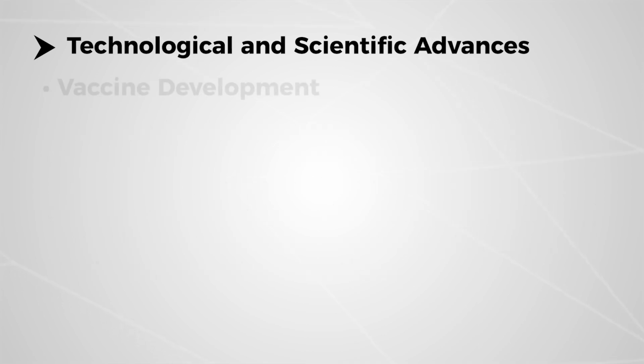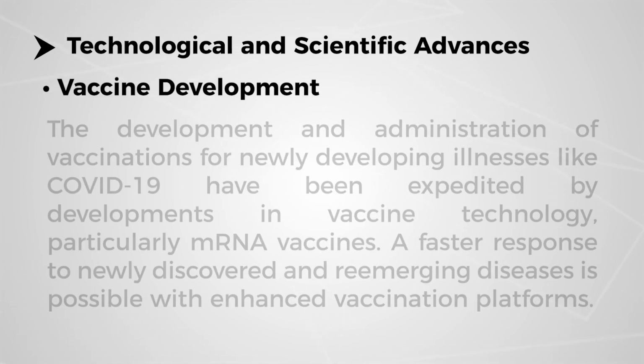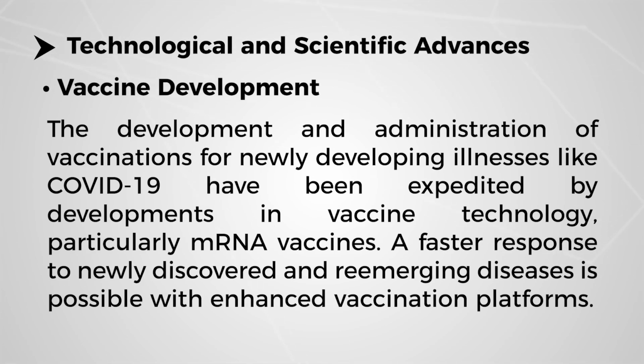Then we also have vaccine development: the development and administration of vaccines for newly developed illnesses like COVID-19, which we have already discussed, have been expedited by developments in vaccine technology, particularly RNA vaccines. A faster response to newly discovered and re-emerging diseases is possible with enhancement of vaccination platforms.